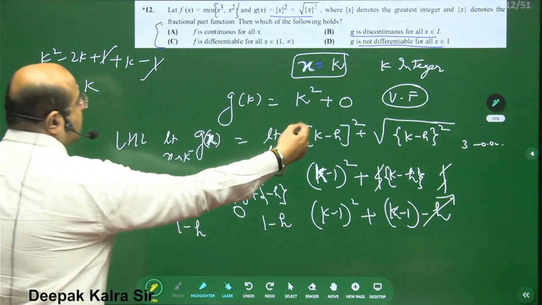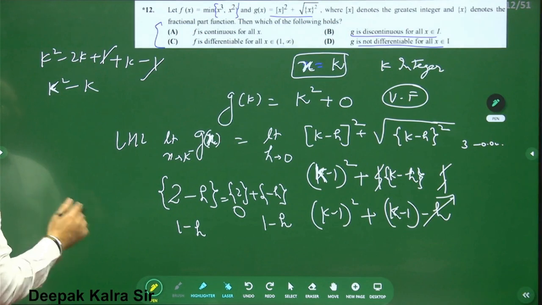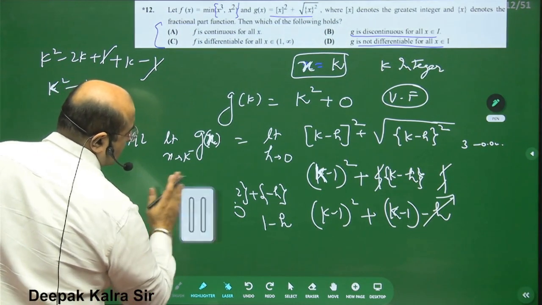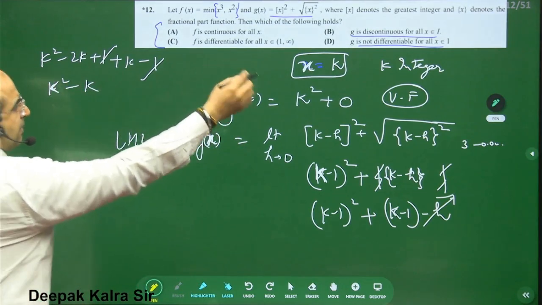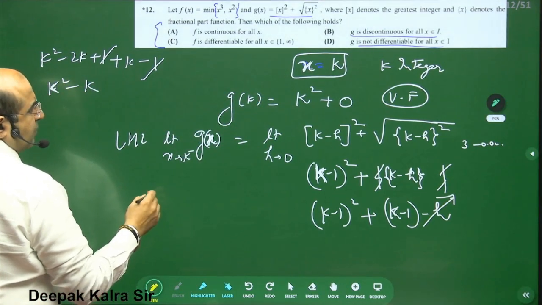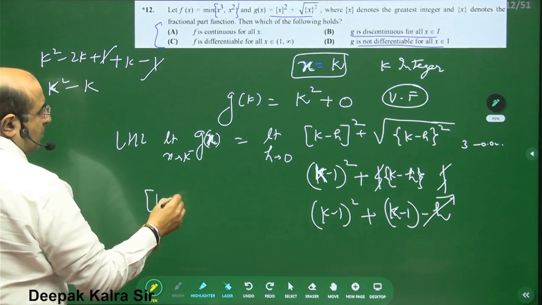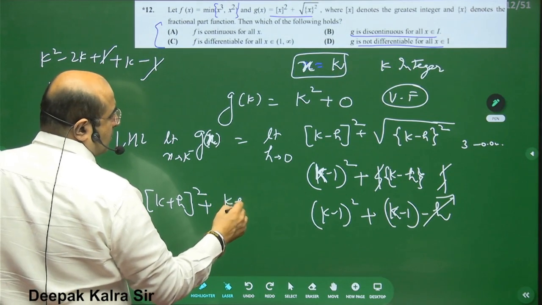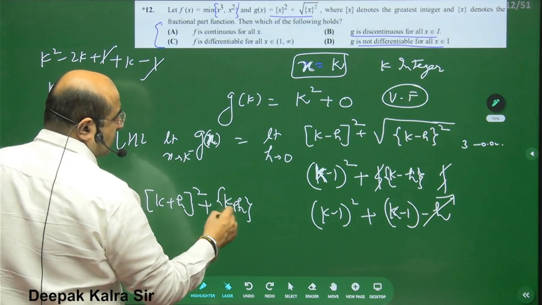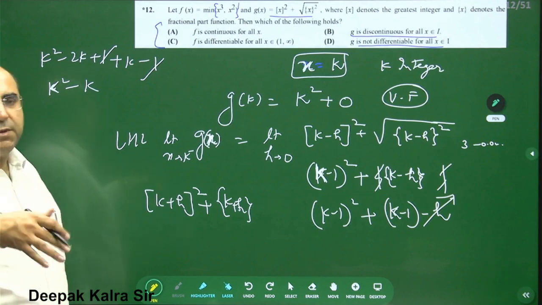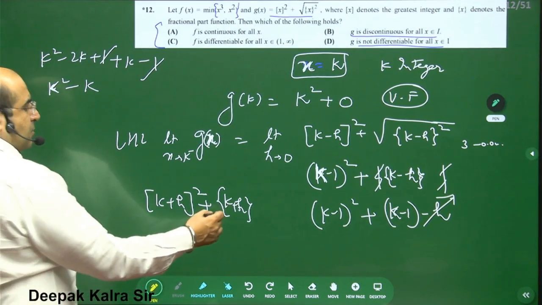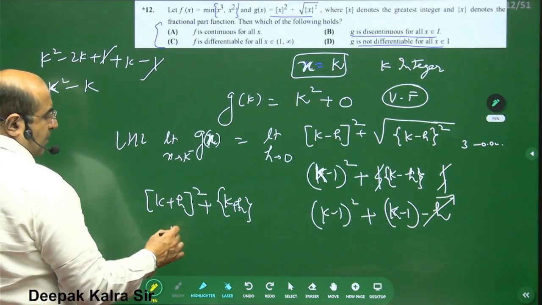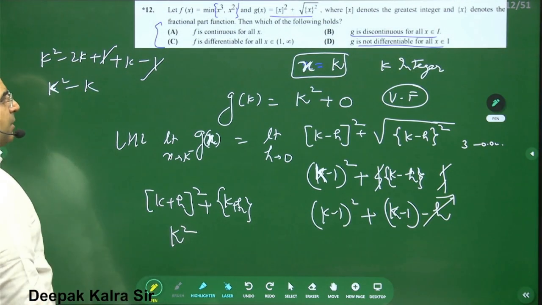When you apply k plus h, what will happen to k plus h now? Tell me. If you go for k plus h, you have square plus k plus h fractional part. Mod, there is no need. We'll get only h, and h is 0, it is gone, and it will become k only, k square.